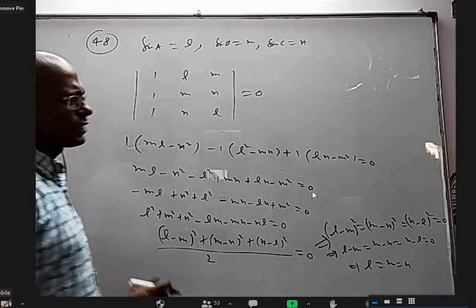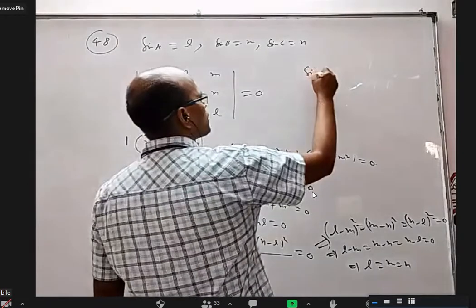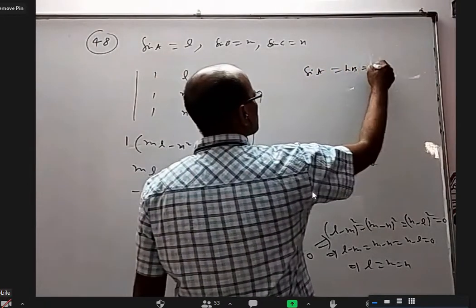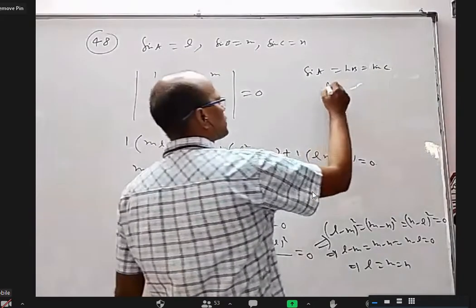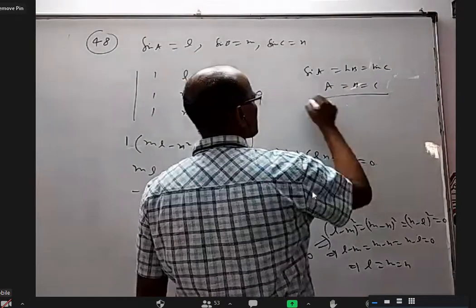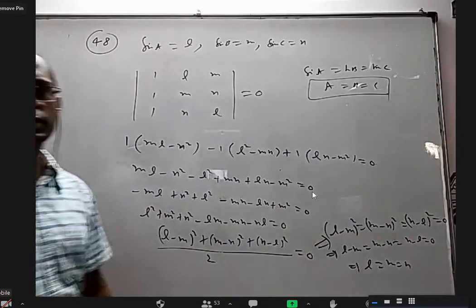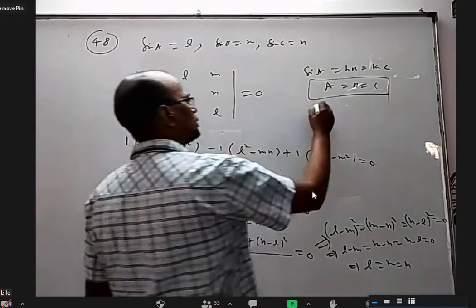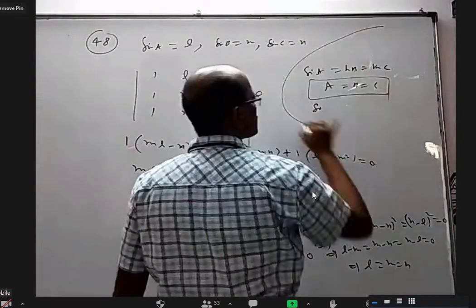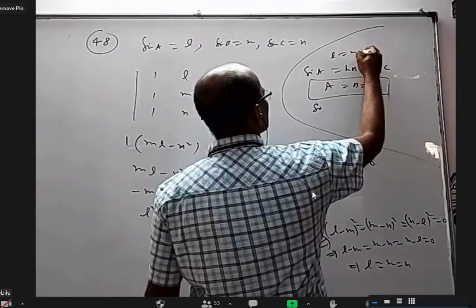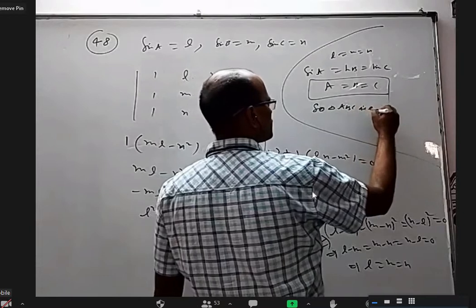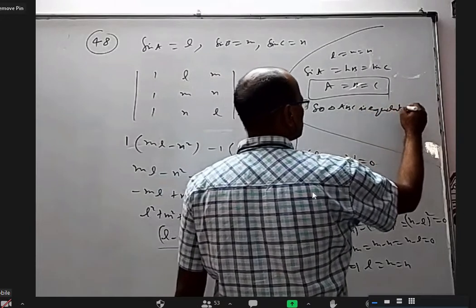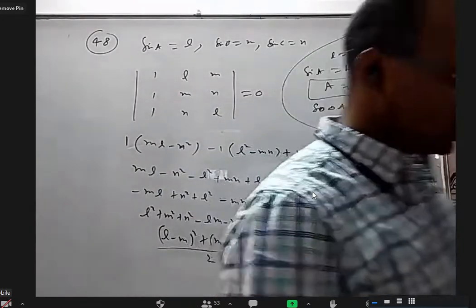So once it is L equal to M equal to N, basically you got sin A equal to sin B equal to sin C. I can even say angle A equal to angle B equal to angle C. In a triangle, all angles are equal means it is an equilateral triangle. So triangle ABC is equilateral. After that, what did they ask?